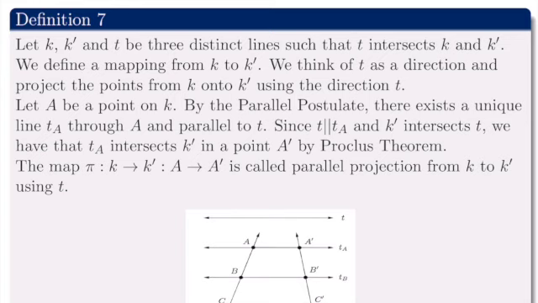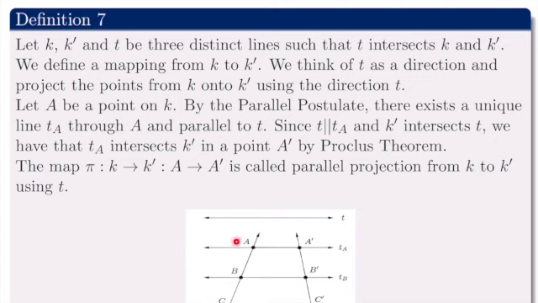So right here, we have our line K and our line K prime. We have our line T. Moreover, we define a mapping from K to K prime. We think of T as a direction and project the points from K onto K prime using the direction T. So this is kind of what's going on here.